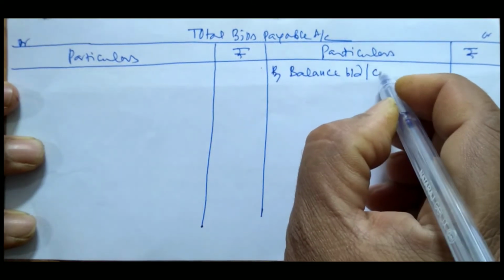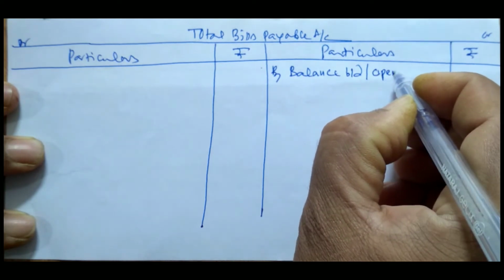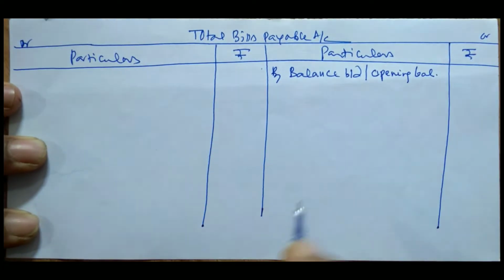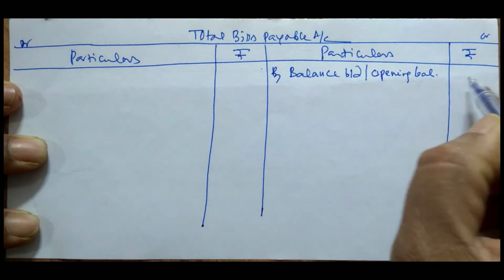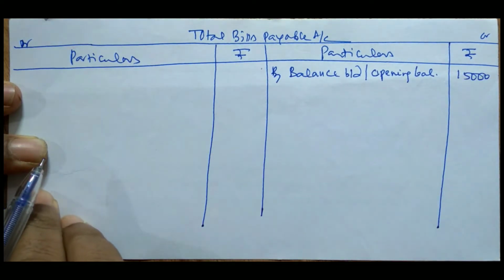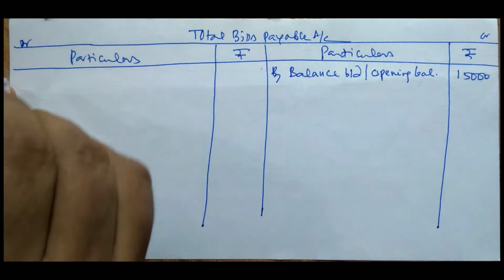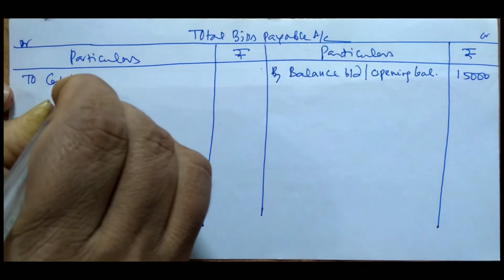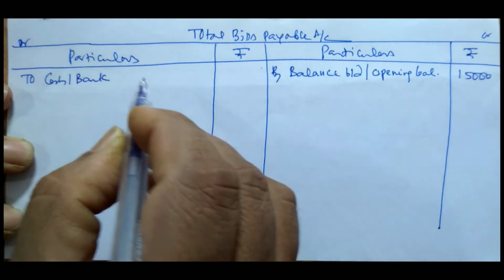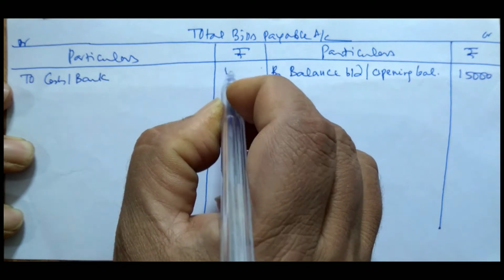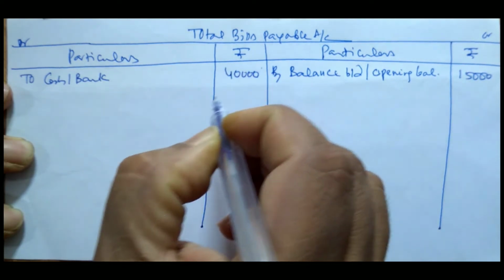In this problem, the bills payable balance is rupees 15,000, and cash paid against bills must be debited to this account, cash or bank. It is the amount paid against bills payable rupees 40,000.